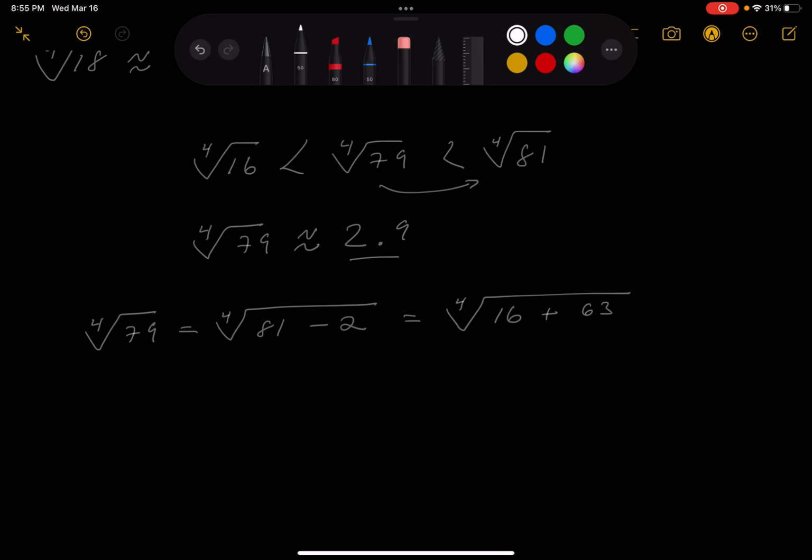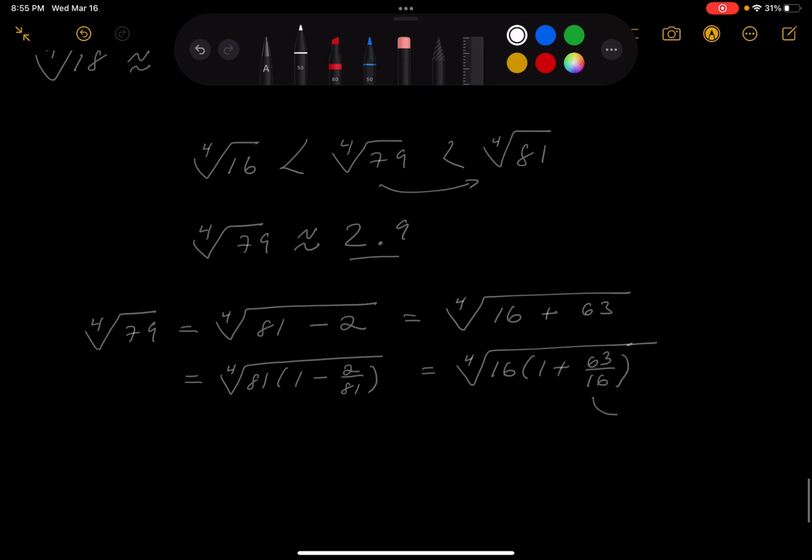All right, so I'm going to factor out 81 on this first one, and you get 1 minus 2 over 81. Now, if you do this over, by the way, it's still going to equal the fourth root of 79. That's a given. Fourth root 16 factors out, and you get 1 plus 63 sixteenths.